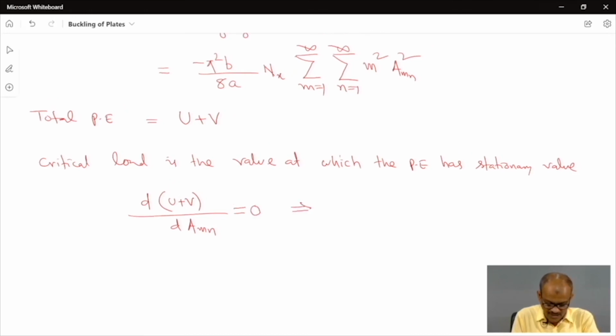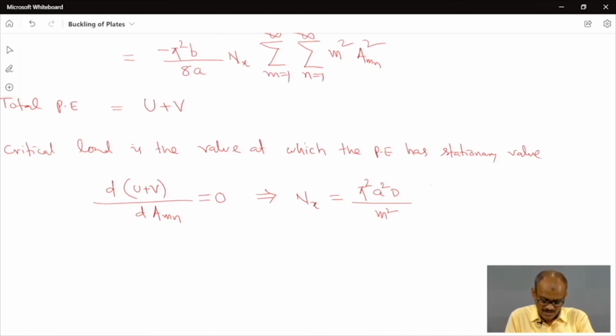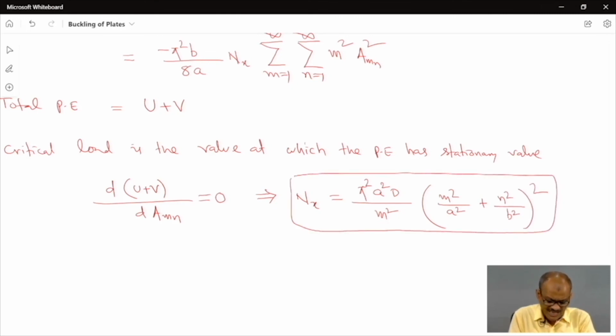If we do it, we will get the expression Nx is equal to π²a²D divided by m², multiplied by (m²/a² plus n²/b²) whole square. If you remember, we got the same expression.